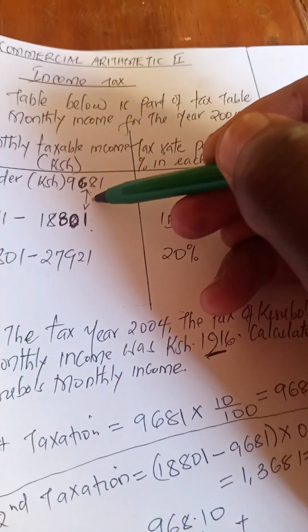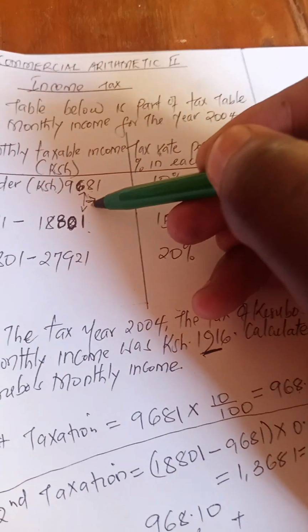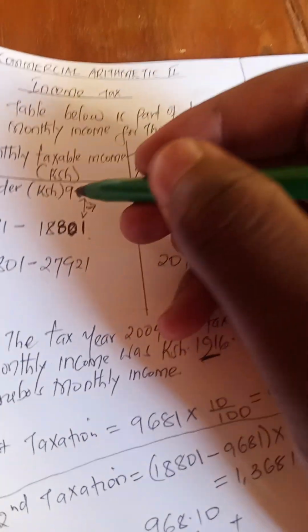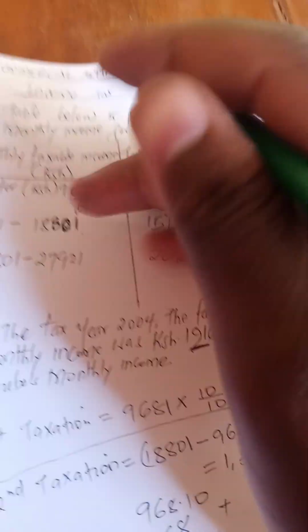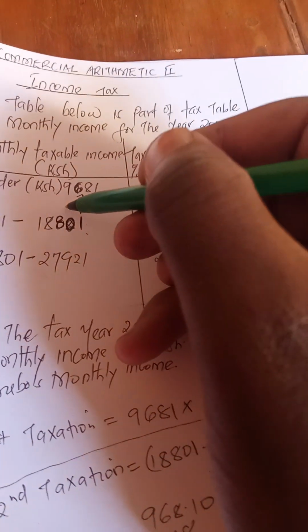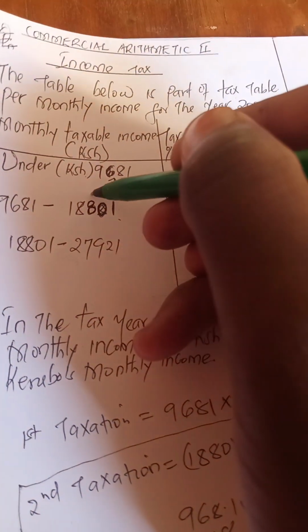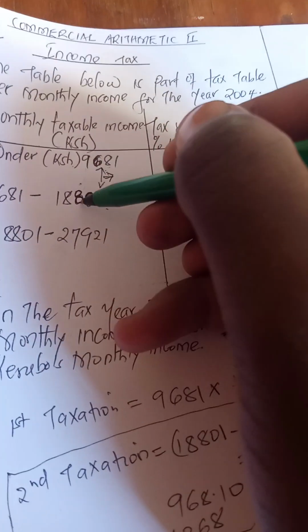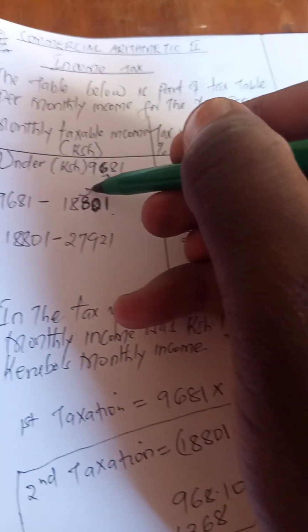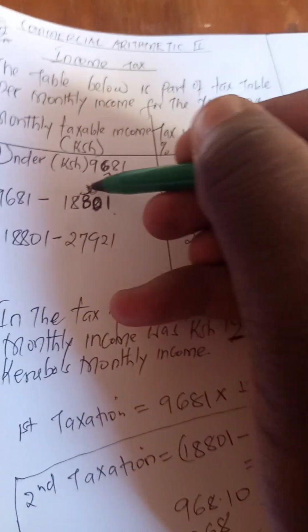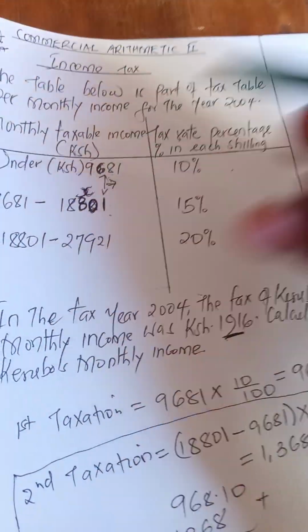It is in between here. So we shall assume that our taxable income, the one we are finding, is somewhere in between here. Let's take it to be x.